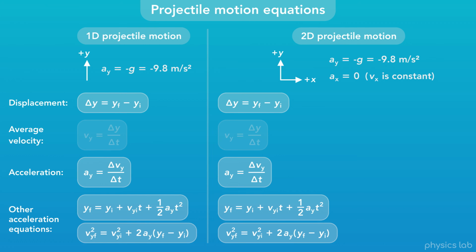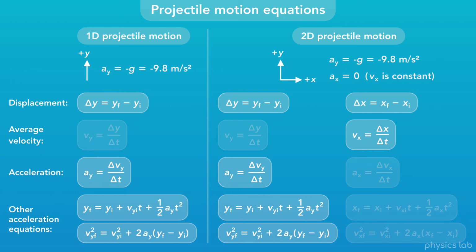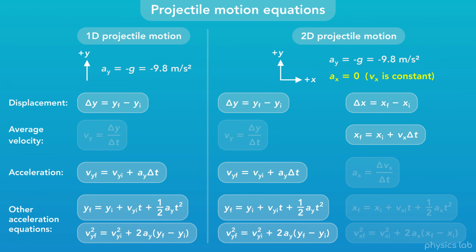For 2D projectile motion, we're going to use the same kinematic equations for the y direction, but we also need some equations in the x direction. Since there's no horizontal acceleration, we won't use the x equations with acceleration, so we just have the displacement and velocity equations. And remember, the equations can be rearranged in different ways.